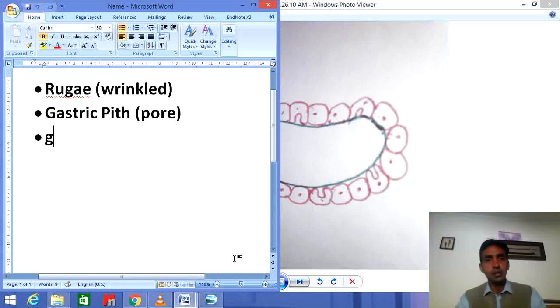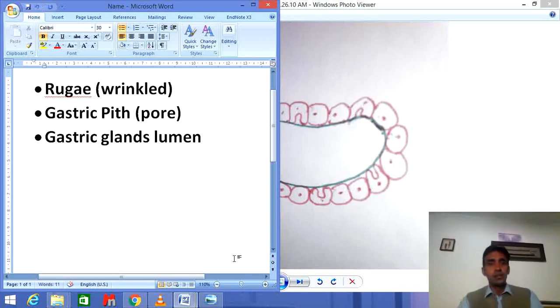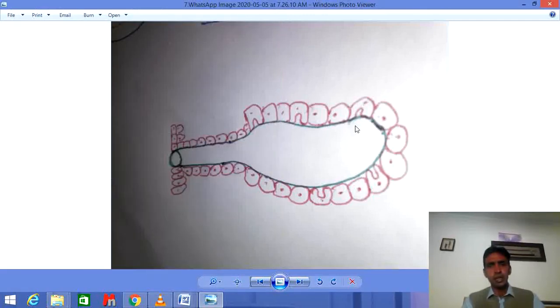The gastric pit leads to the gastric gland lumen, and the gastric pits are present on the surface of the gastric lumen. So the gastric gland is composed of the gastric gland lumen and the gastric neck.